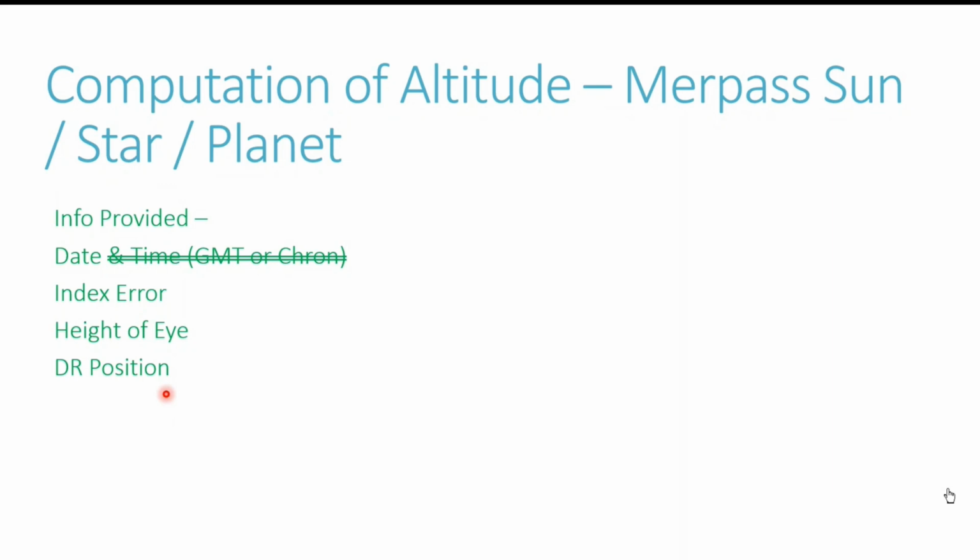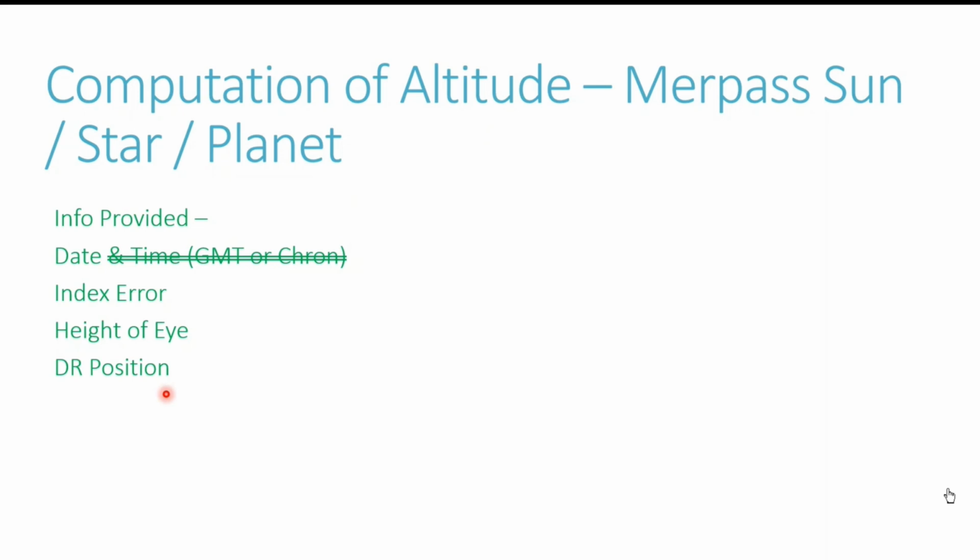Now, one important thing before we proceed ahead: the computation of altitudes is done on the basis of our DR position. This is the most accurate position which we are aware of. It is possible that this position may have some error in it because it is a dead reckoning position.